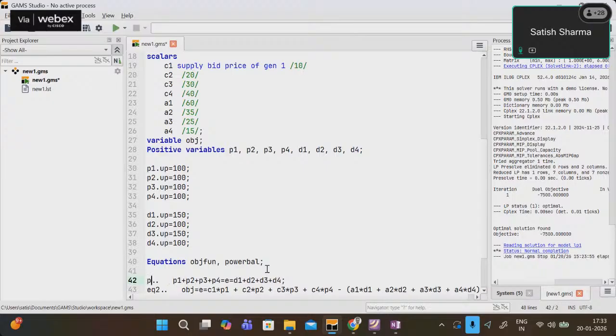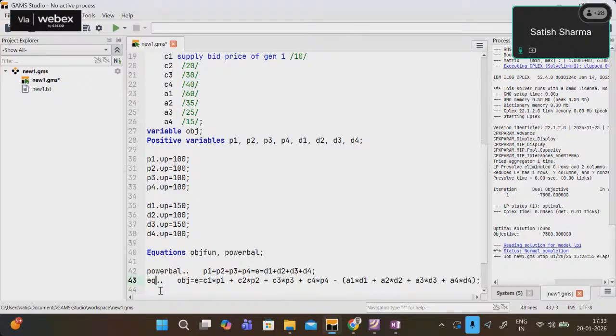Let me define power balance first. You can define in any order. I declared the objective function first and power balance second, but I'm writing power balance first and objective function second. It doesn't matter, and it won't affect the outcome.